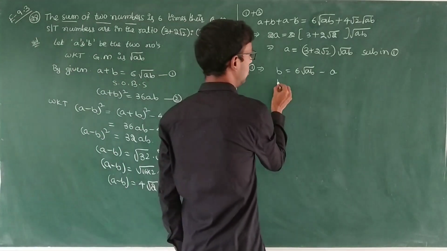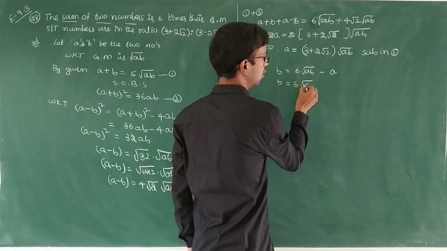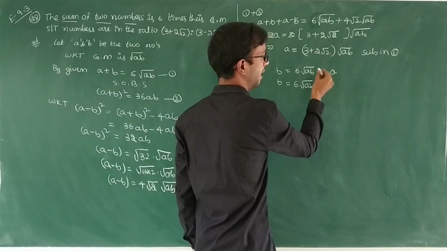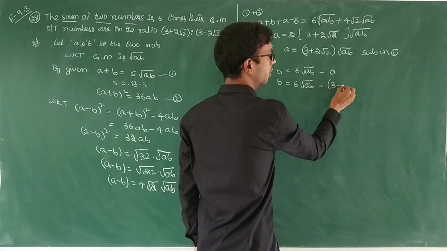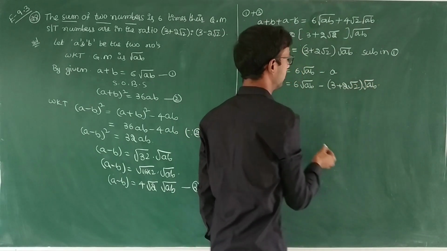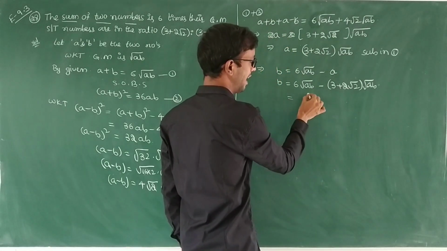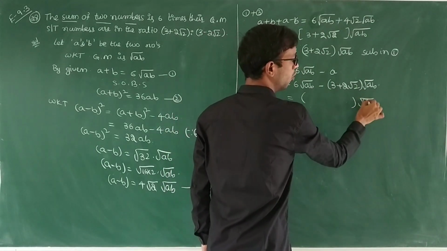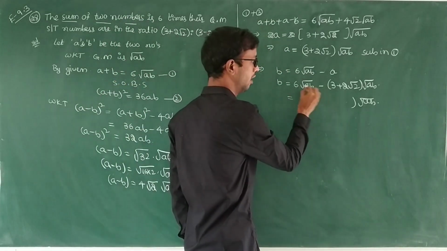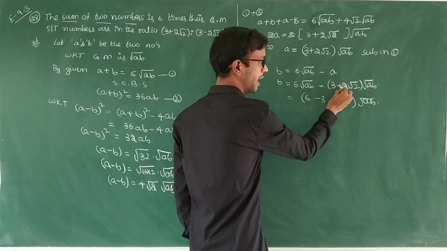What is the a value? b is equal to 6 root ab minus (3 plus 2 root 2) root ab. Now I take root ab common: 6 minus this, with the minus multiplied.